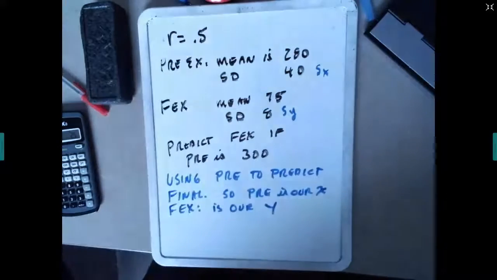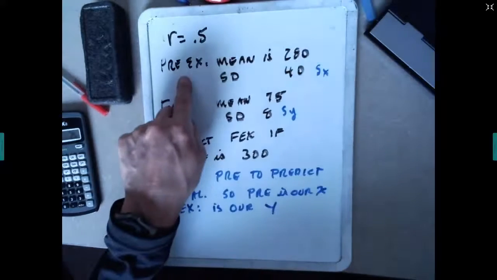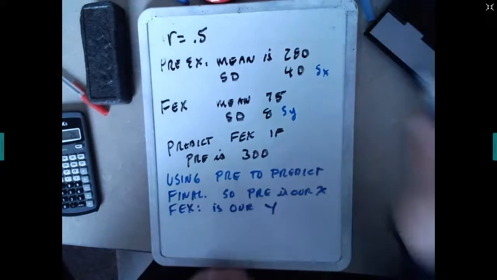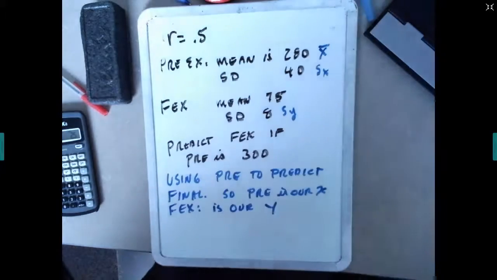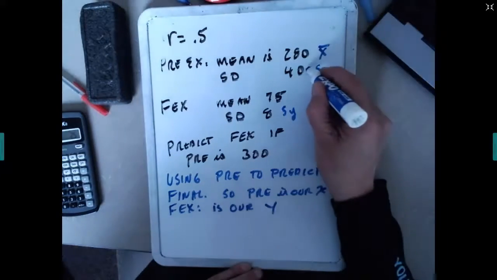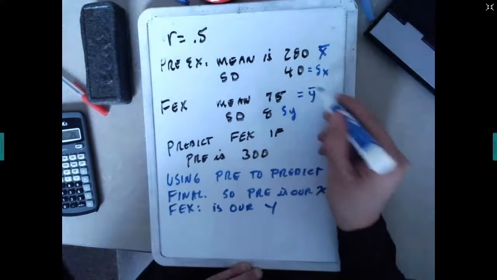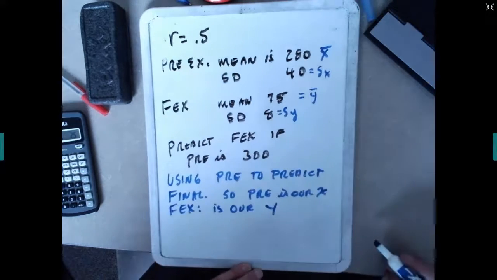R is 0.5. The pre-exam mean is 280, that's X bar. Your standard deviation is 40, that's given in the problem. This is Y bar, and this is S of Y.